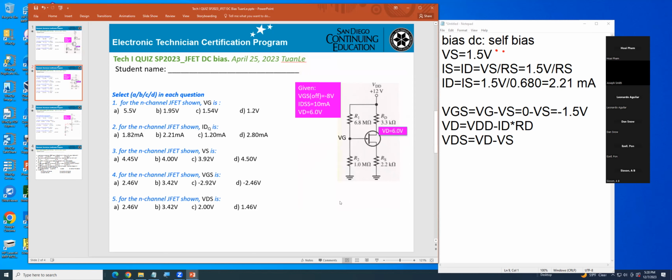Now, next one. This is a voltage divider bias. And you understand they gave you VD. So we don't need the graph. So what does VG equal?